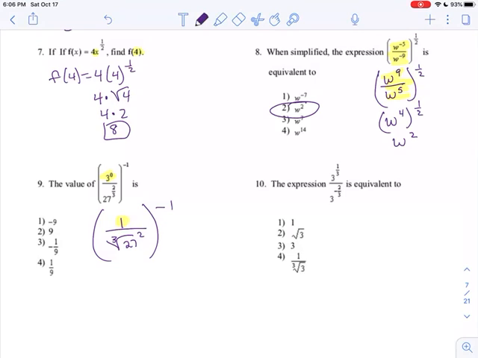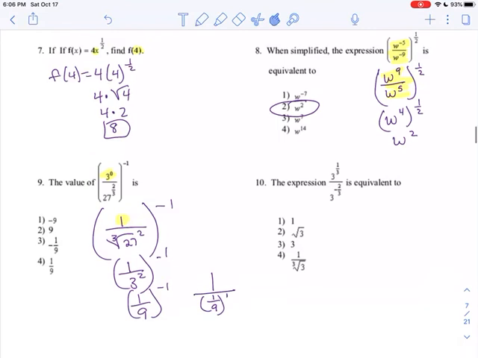All right, so all I did was I simplified the 3 to the 0, and that equals 1. And then I took that fraction and I did the cubed root of 27 squared. The cubed root of 27 is 3. So this is 1 over 3 squared. 3 squared is 9. So I have 1 over 9 to the -1. And since this is a negative exponent, I'm going to put the whole thing under 1.